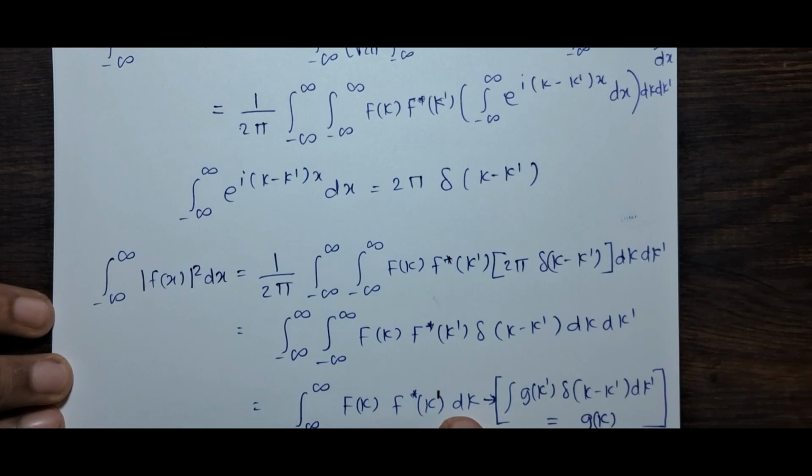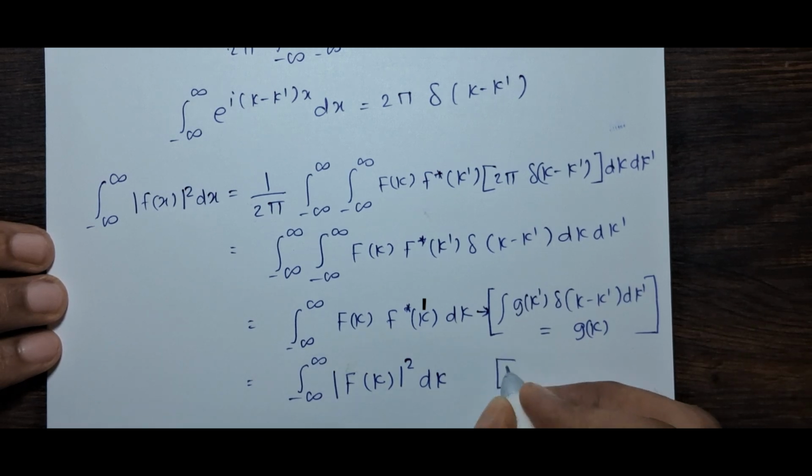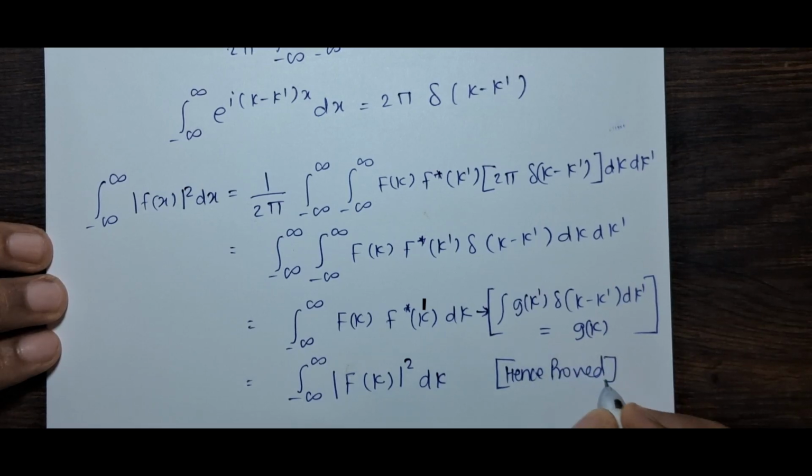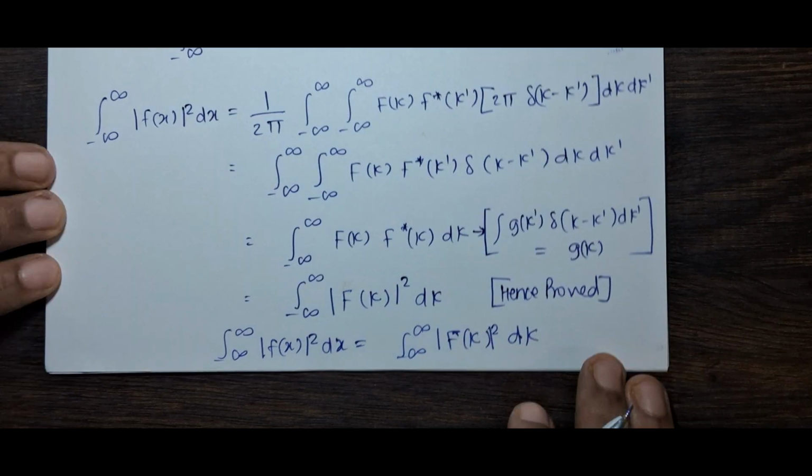So we get this, and then our equation becomes minus infinity to infinity f of k square dk, and we hence prove it, right? Now we have proved this. So as you see, in that case, thank you so much for watching.